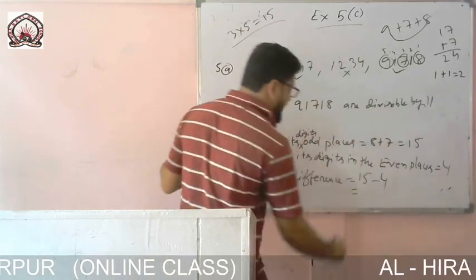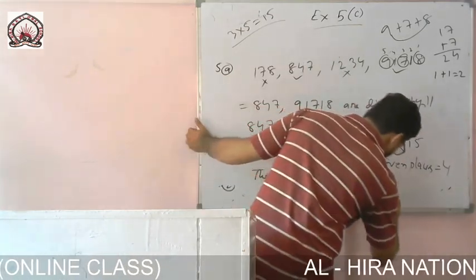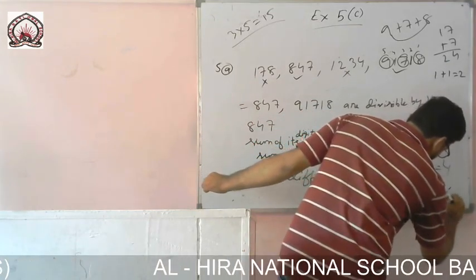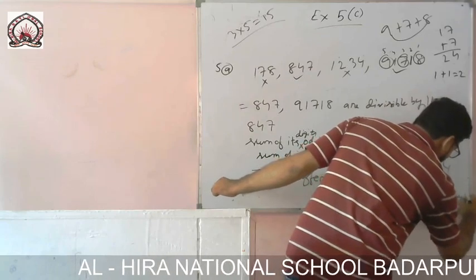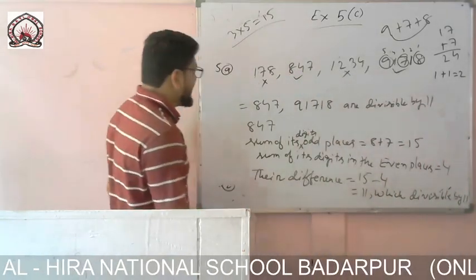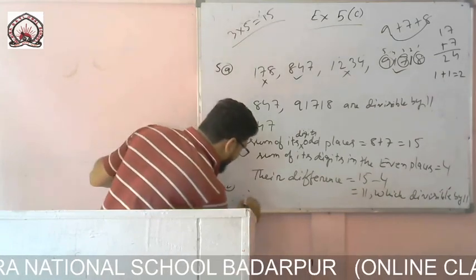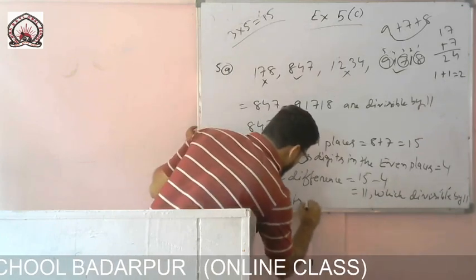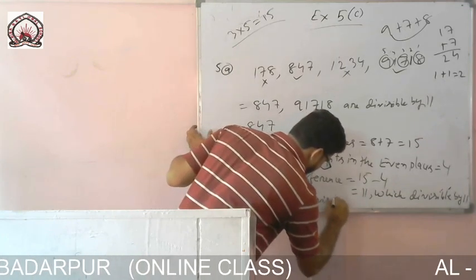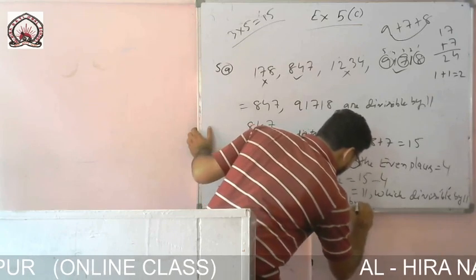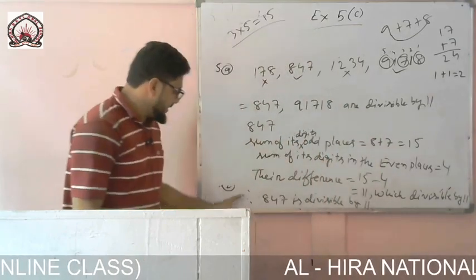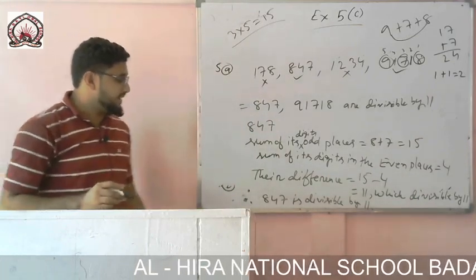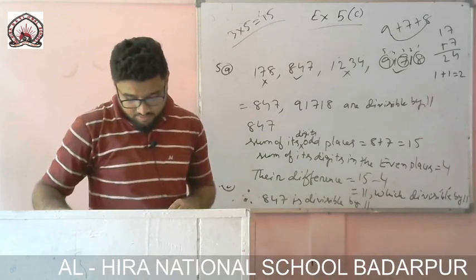So 15 minus 4 is 11, which is divisible by 11. Therefore 847 is divisible by 11. Okay.